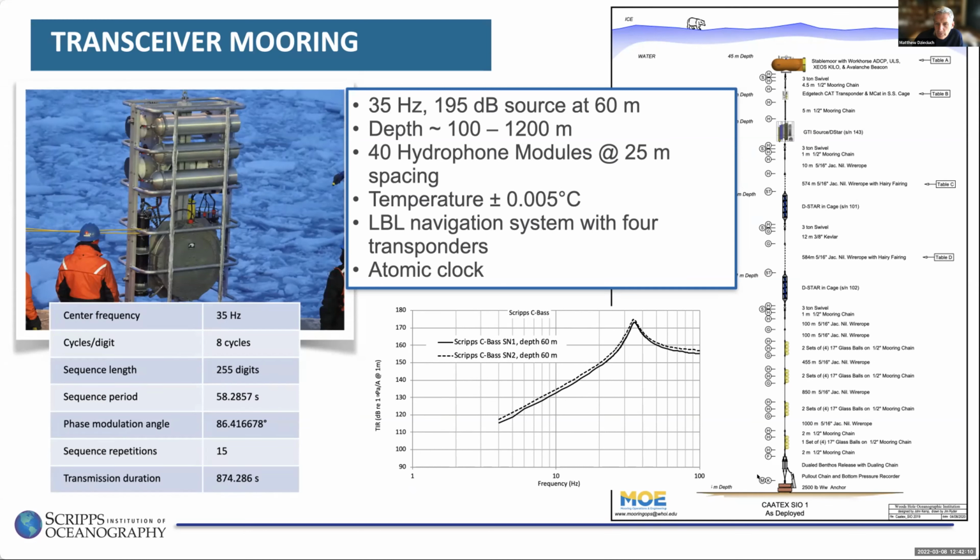We put these out in the deep ocean, with an anchor near the bottom and a float near the surface. And then we'll have a sound source. This is not exactly to scale, it's just an engineering drawing, but in this case the source was 60 meters below the surface. And then we had about 1,200 meters of cable that was instrumented with hydrophones.